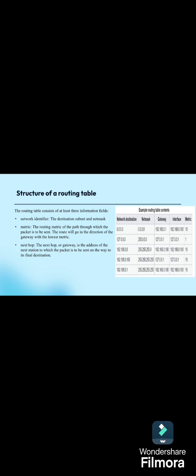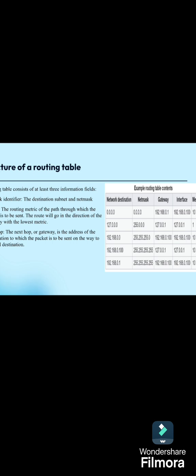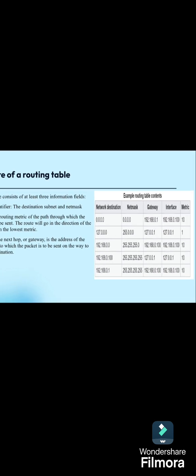So this is the structure of a routing table. First of all, we will see which parameters are in a routing table. The first one is network identifier, the second one is metric, and the third one is next hop. In this slide there is one table which contains an example routing table, so we can see how a routing table works.